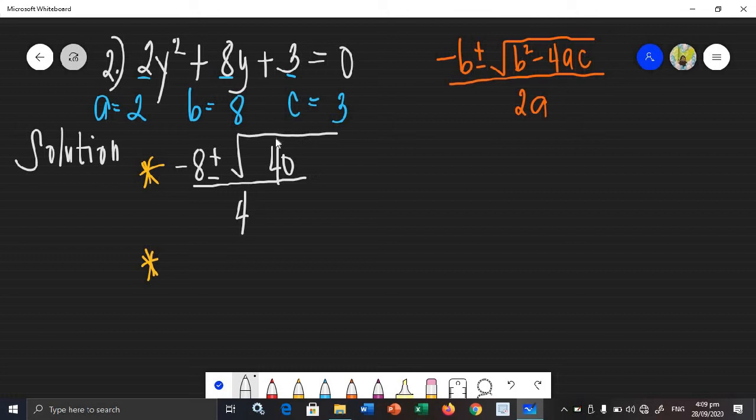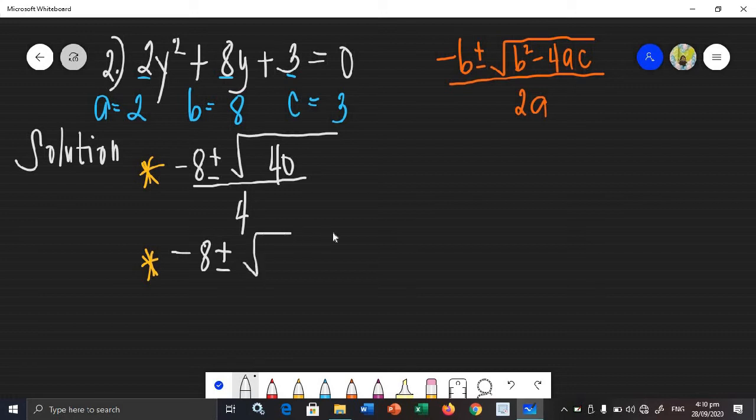Earlier, we could easily solve for the square root of 9 because 9 is a perfect square. How about 40? 40 is not a perfect square. Therefore, we will factor 40. So how do we factor 40? We will find a factor of 40 that is a perfect square. So what are the perfect squares? That is 1, that is 4, that is 9, that is 16, that is 25. Which of those perfect square numbers is a factor of 40?